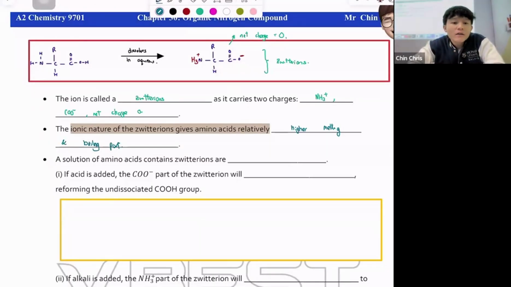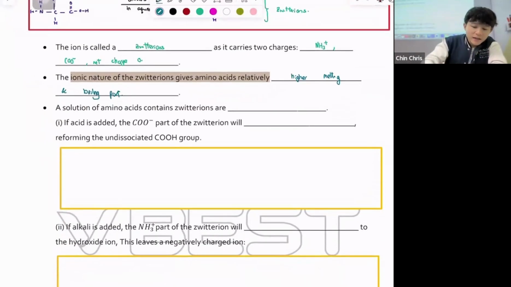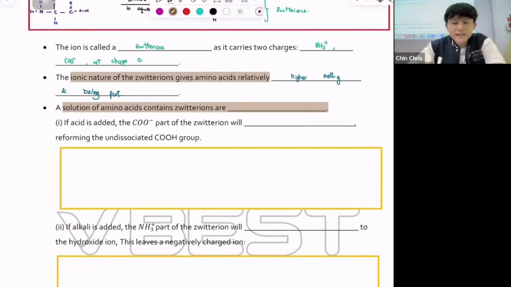Alright, guys, next. A solution of amino acid that contains a zwitterion is known as an amphoteric solution. Guys, what do you mean by amphoteric?